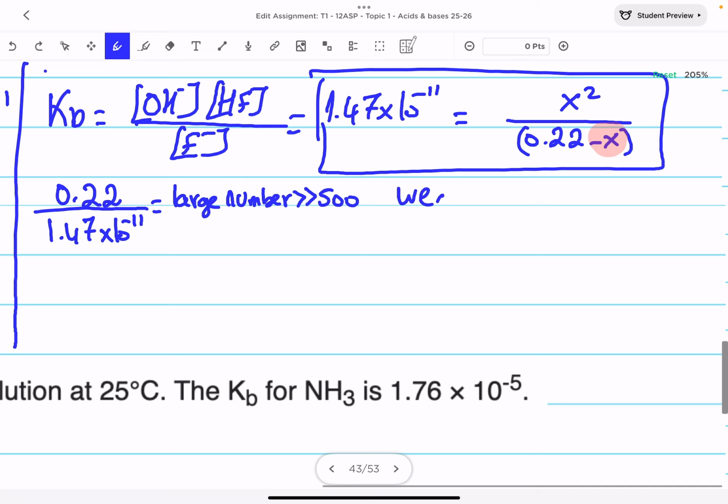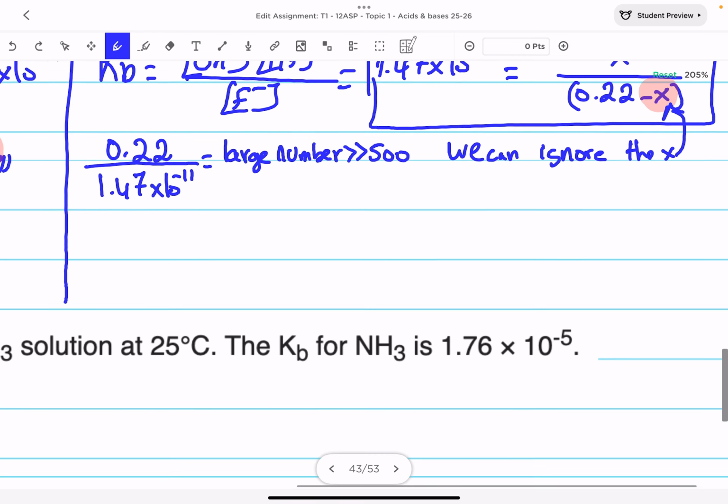Therefore, we can ignore the x in here. Therefore, I'm going to write the equation again. 1.47 times 10 to the power negative 11 equals x squared over 0.22. Like I said, we ignored this x.